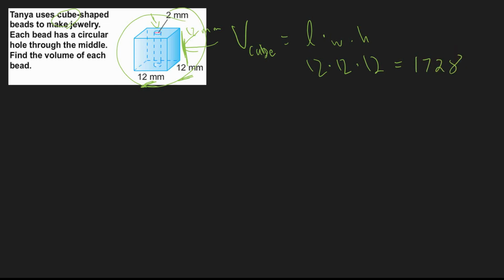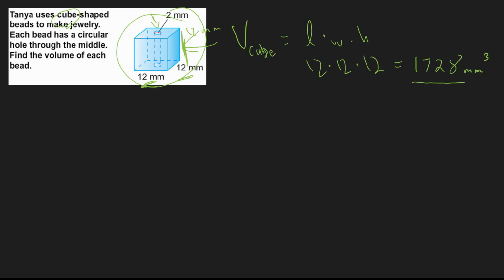Remember, that's not the final answer. You've got to put the units, so it says millimeters. So I'm going to write millimeters, and remember, because it's volume, I multiplied three things together, so my exponent is going to be a 3. And the way you read that is a little bit backwards, but it's 1,728 cubic, that's the 3, cubic millimeters. So that's the volume of the bead.